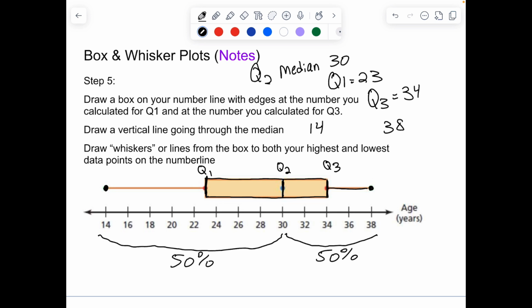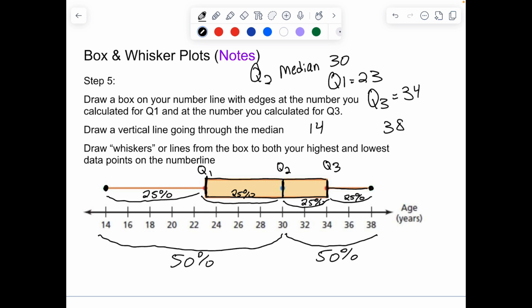If we split it even further, we know that this part is 25% of our data. From here to here, Q1 to Q2, is 25%. From Q2 to Q3 is 25%. And from Q3 to our highest number is 25% of our data.